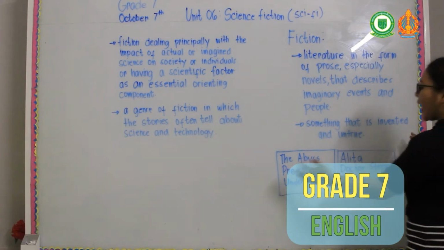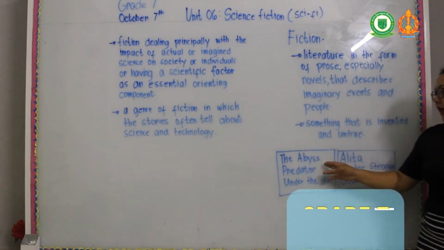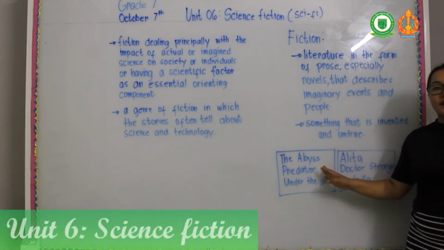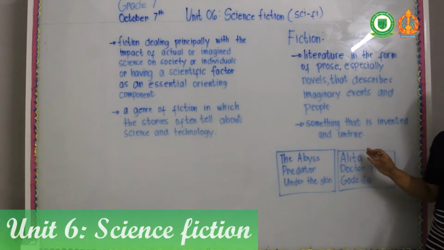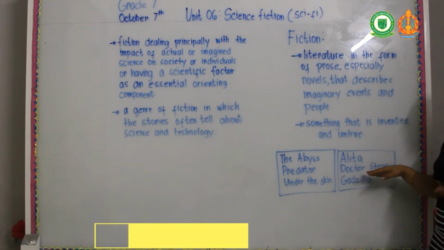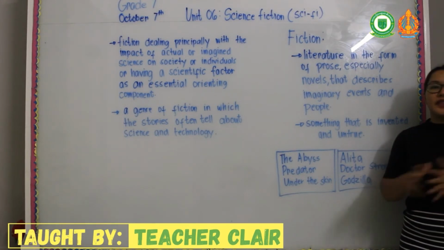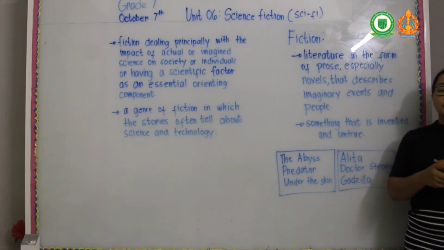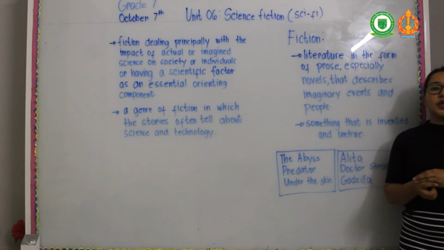Okay, next here in this box, the Abyss, Predator, Under the Skin, Alita. This is a nice sci-fi movie. Doctor Strange, Godzilla. These are science fiction, though some of this does not talk about the future.